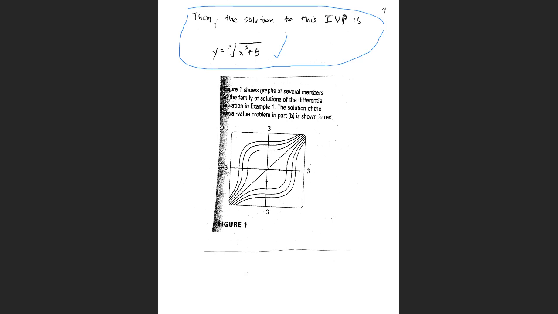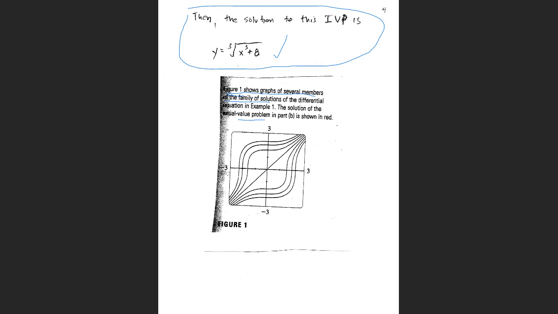If you go to section 7.3 and look at the first example, that's what we did here. But I thought it was good to just have a picture. So figure 1 here shows graphs of several members of the family of solutions to the differential equation. The solution to the initial value problem is shown in red.